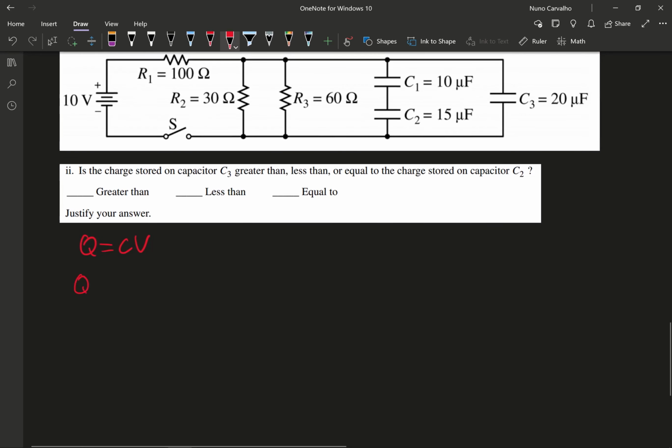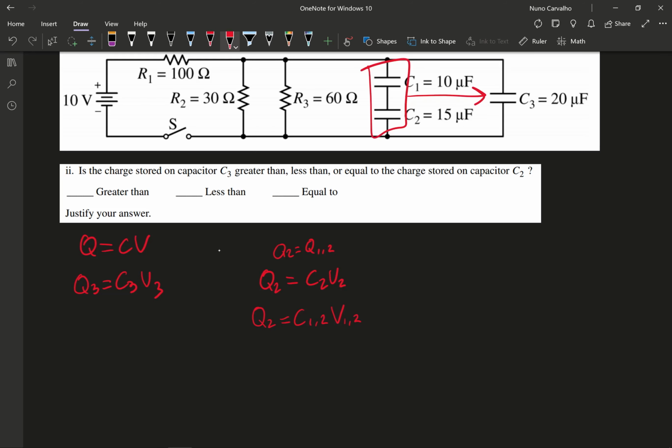That's to say that Q3 is going to equal C3 times V3, and Q2 is equal to C2 times V2. Okay, but then we also figured out that since Q2 is equal to Q1,2, and that's just a property of capacitors in series, we can say that Q2 is equal to C1,2 times V1,2. But this combined capacitance is going to be in parallel to this one here, which is to say that they actually have the same voltage.